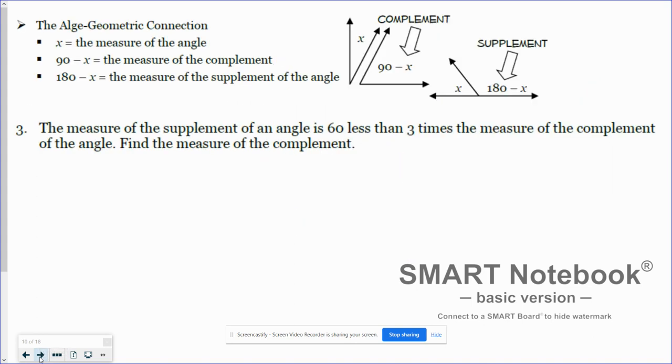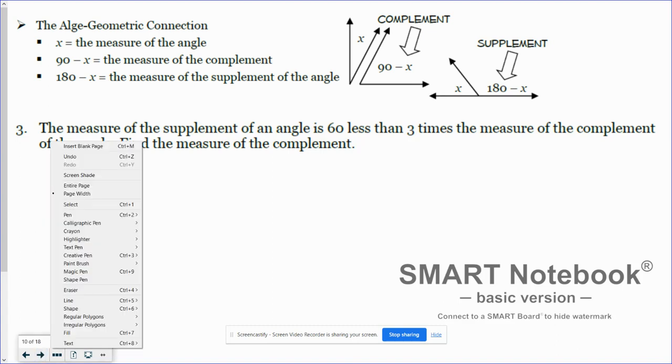Now let's talk about the algebraic connection. Let's say x represents the measure of the angle. Then 90 minus x would be the measure of the complement, and 180 minus x would be the measure of the supplement, which is what we did in example 1, right? So let's make it into a word problem.